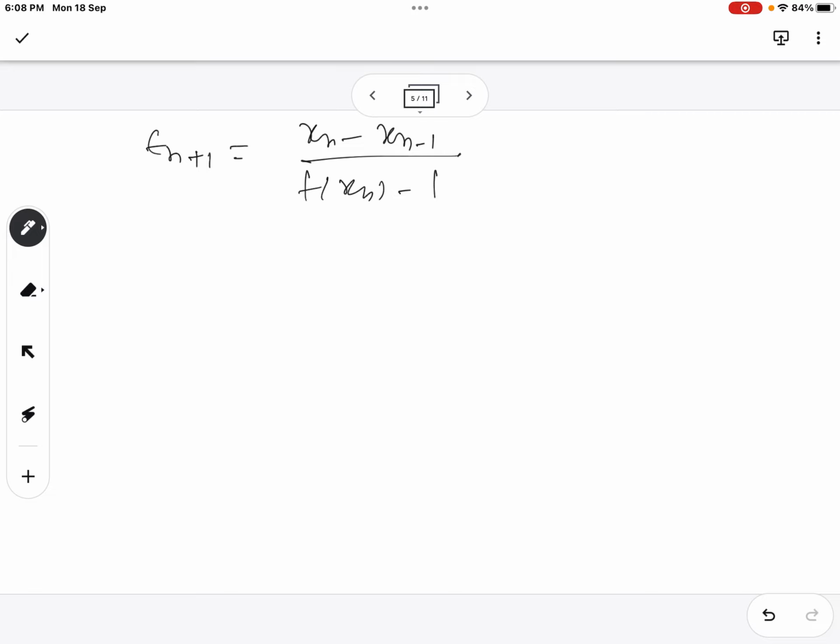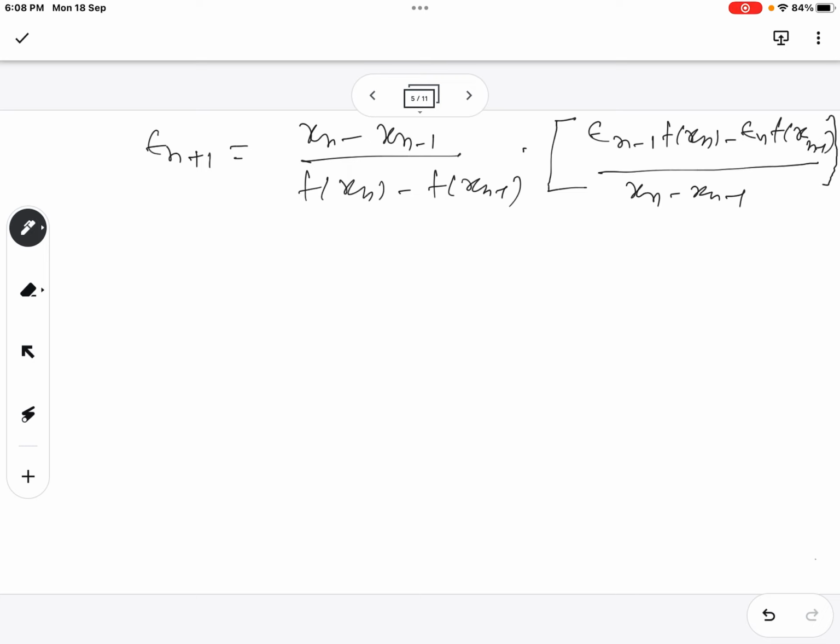So I can write x(n-1) divided by f(xn) minus f(x(n-1)) multiplied by the (n-1)th error multiplied by f(xn) minus nth error f(x(n-1)) divided by x(n-1).